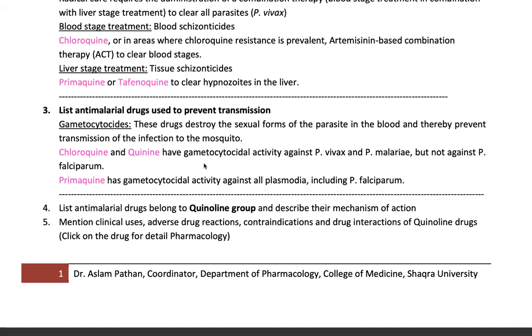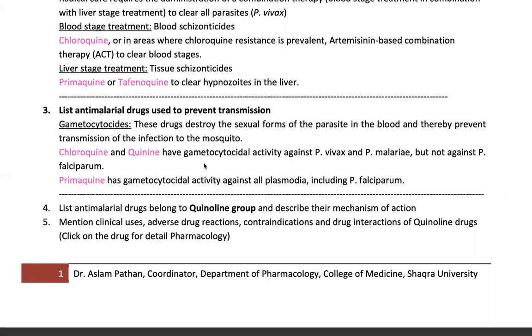So please keep in mind, if there is a question, give the two names of the drugs that prevent transmission. The drugs are the same. We can use chloroquine, primaquine. These are the preferred drugs. Preventing transmission means these drugs destroy the sexual forms of the parasites in the blood and thereby prevent transmission of infection to the mosquito.